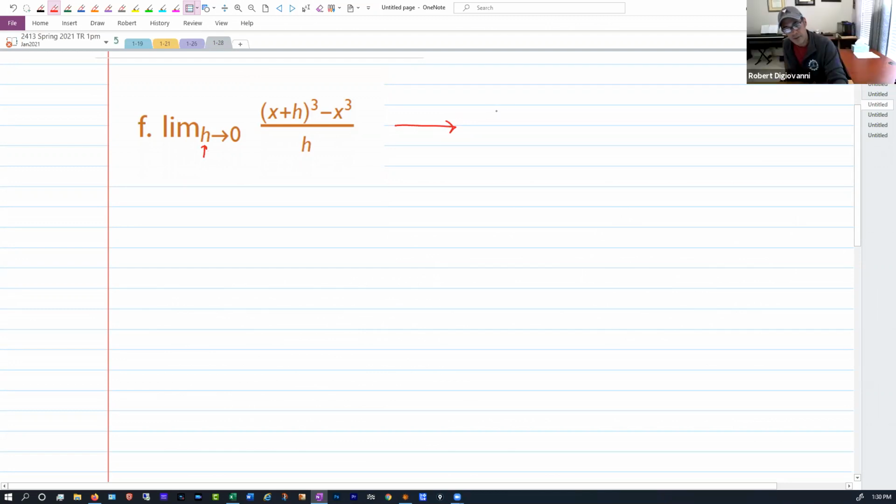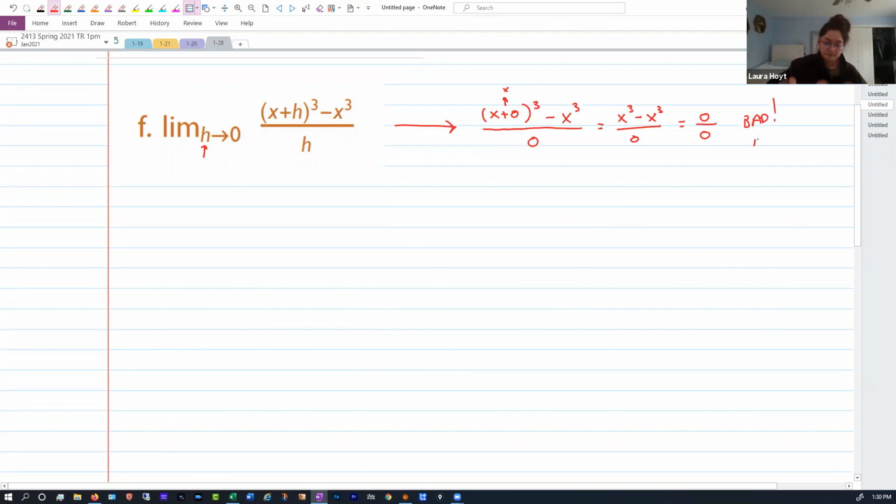When we do that, we should just get x plus 0 cubed minus x cubed over 0. And x plus 0 is just x, so that's x cubed minus x cubed on top over 0. And that's 0 over 0. Right, Laura? Okay, so this is bad. We're going to do some algebra.